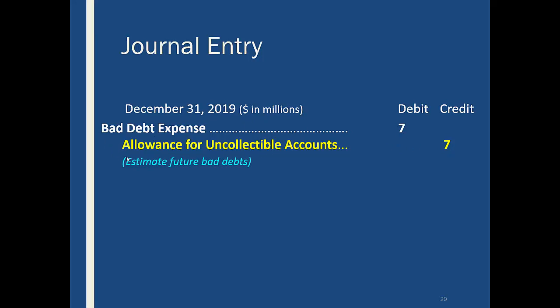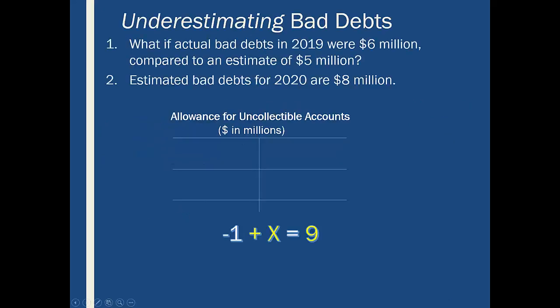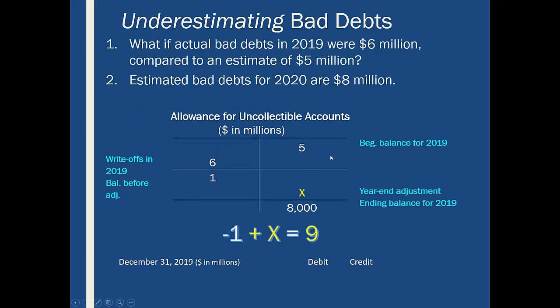All right. What happens if it's the other direction, though? What happens if my beginning balance was the $5 million, but instead of writing off $4 million, I actually had to write off $6 million? Well, I'm $1 million kind of in the hole, aren't I?